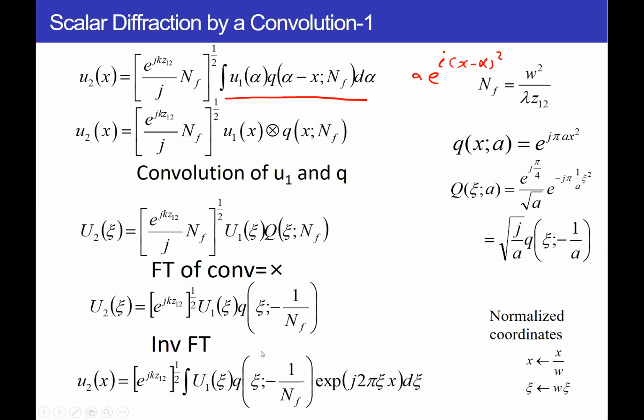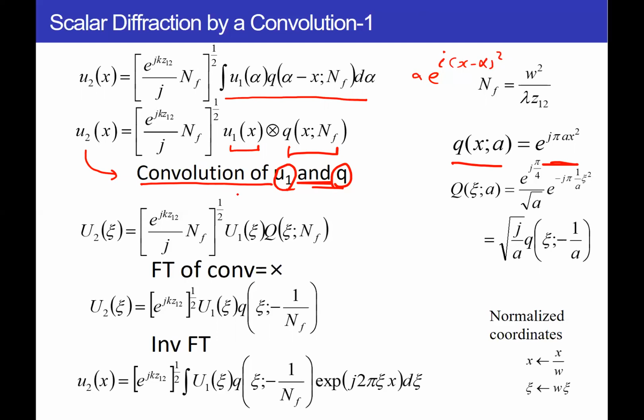So basically, U2, our field at the observation point, is a convolution of the field at the aperture plane with the quadratic phase term. So our field at the observation point is a convolution of U1 and Q. So basically, this is our starting point, okay?